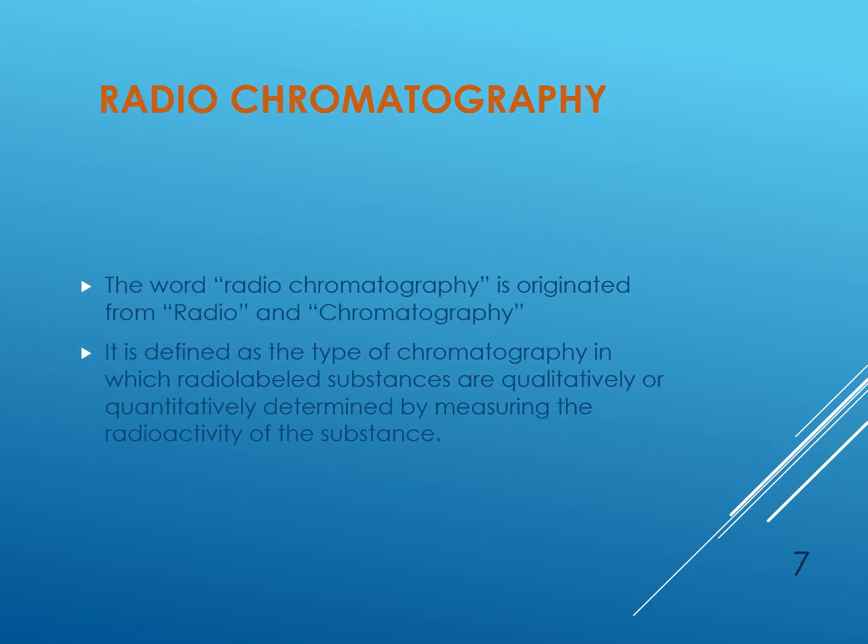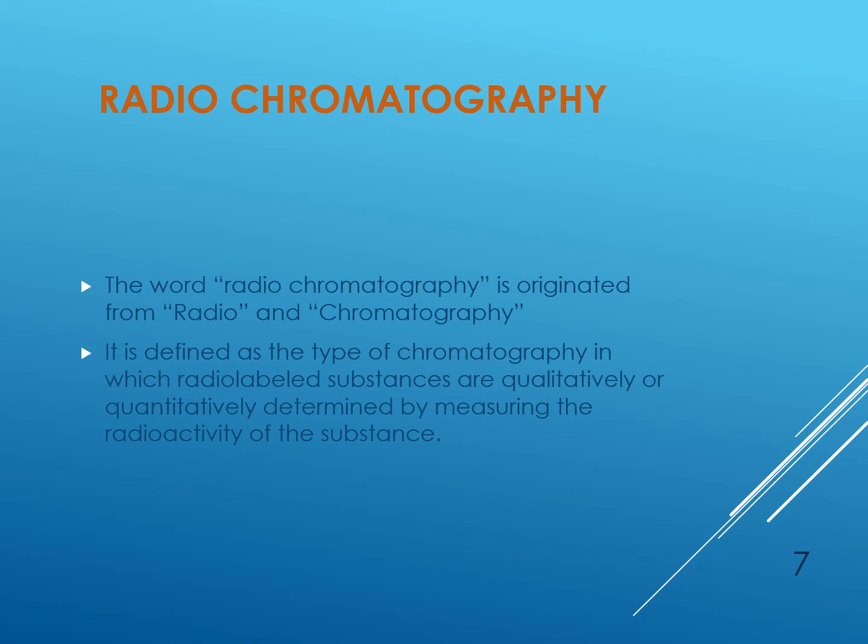We have discussed the general concept of chromatography. Now we will move towards the basic theme of our lecture, which is radiochromatography. Radiochromatography originates from two words, radio and chromatography.